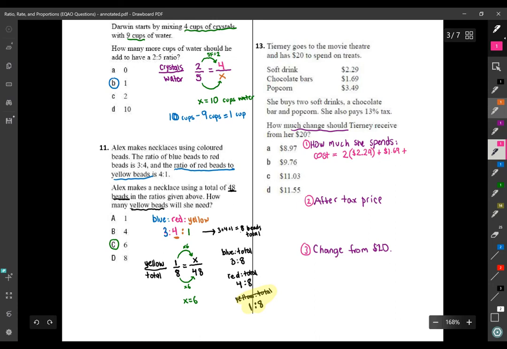And she buys a popcorn, so that is $3.49. Now I just have to combine those terms. So I do 2 times 2.29 plus 1.69 plus 3.49, and that gives me a total cost of $9.76.